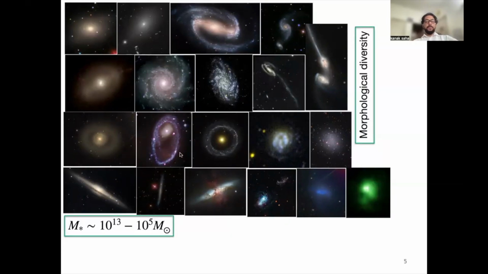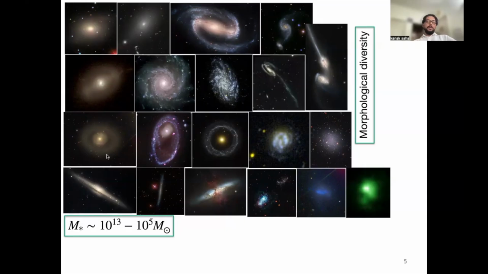This is another kind of ring. This is a cartwheel type of galaxy, and this is Hoag's ring. Then there are galaxies that are very irregular, some very faint and diffuse, and also strange new types of galaxies. These are all the green pea kind of galaxies.